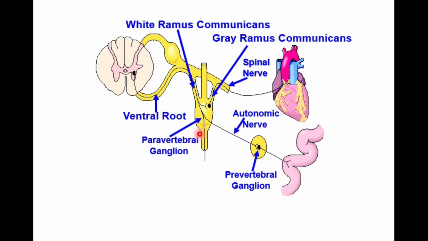There are 22 ganglia in each chain. Each ganglion in a paravertebral chain is connected to the one above and below by a nerve trunk. In contrast to the paravertebral ganglia, the prevertebral ganglia, which are located in the abdomen and pelvis, are not bilaterally paired.